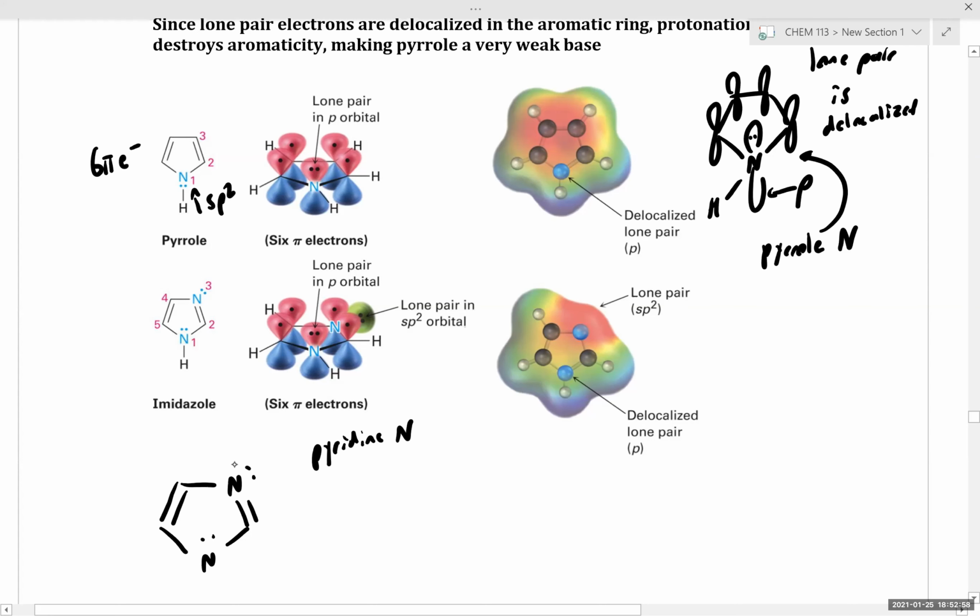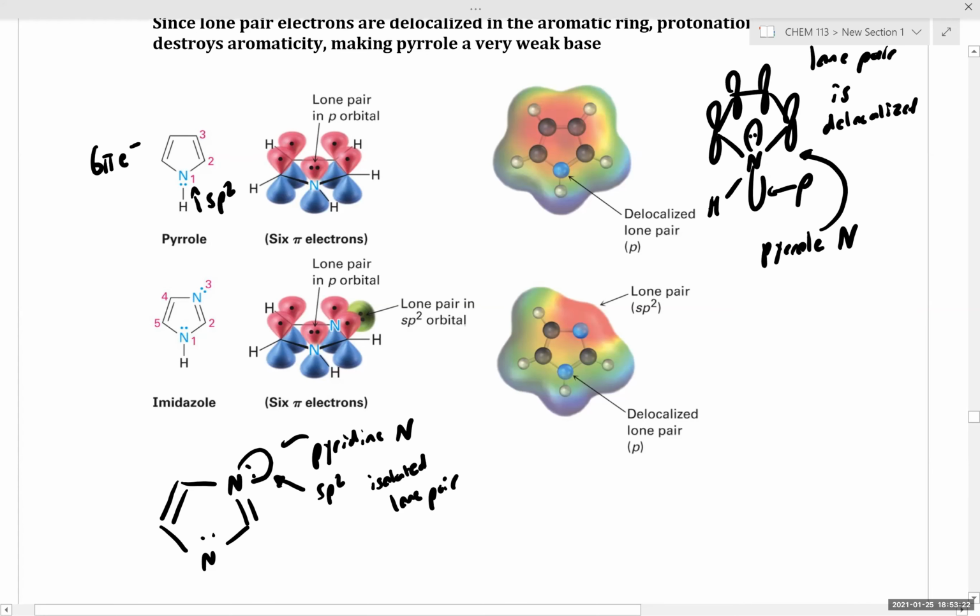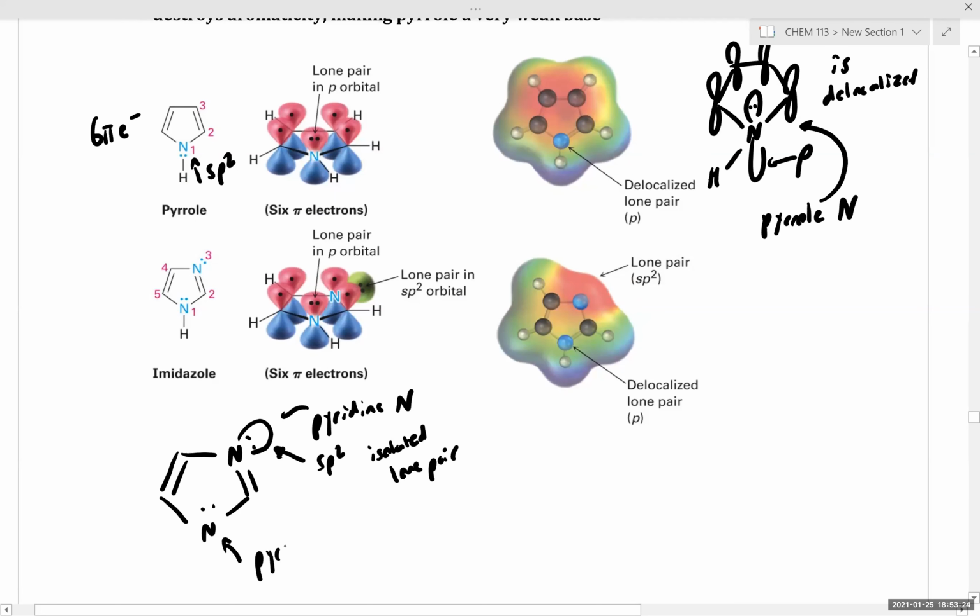And the reason for that is, if we look at this upper right-hand corner nitrogen, what orbital is this lone pair found in? sp2, right? So it's an isolated lone pair. Comparatively, this bottom nitrogen is a pyrrole nitrogen, and it's located in a p orbital. So it's a delocalized lone pair.